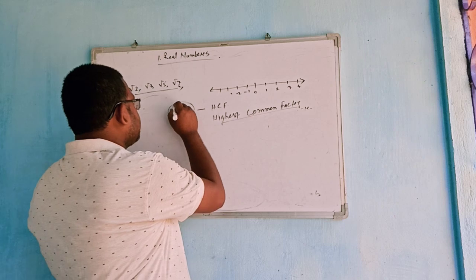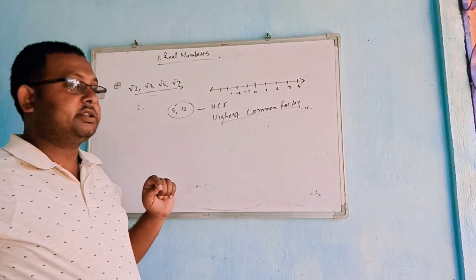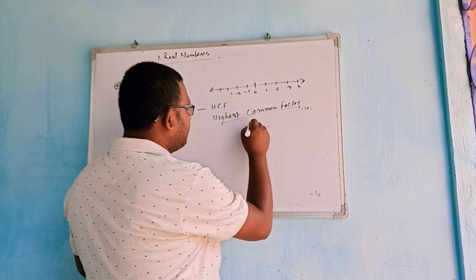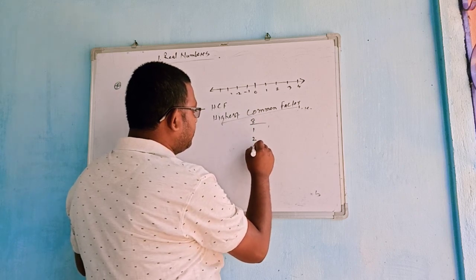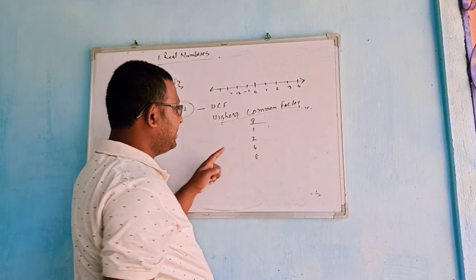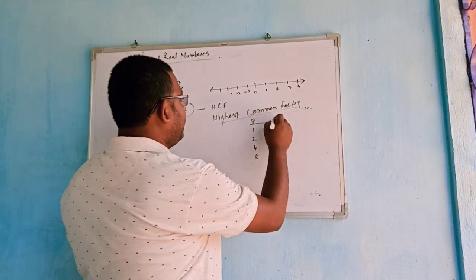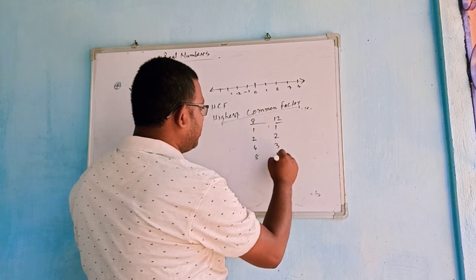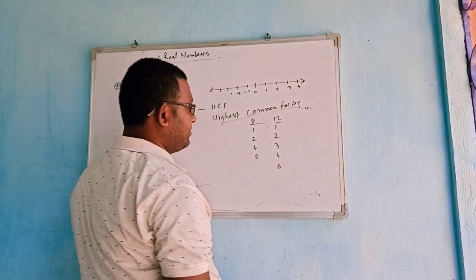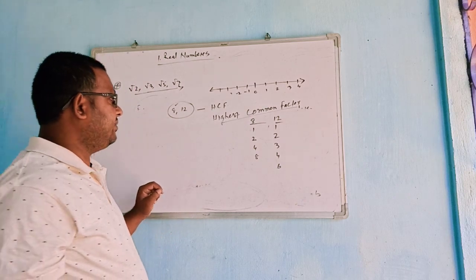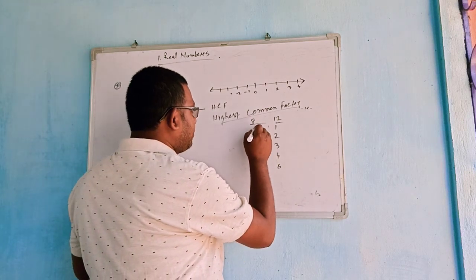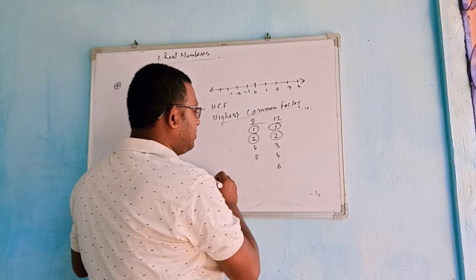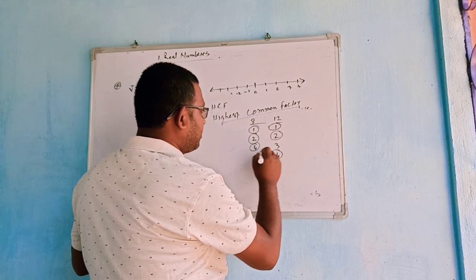Normally, what are the factors of 8? The factors of 8 are 1, 2, 4, 8. Again the factors of 12 are 1, 2, 3, 4, 6, 12. Now see, what are the common factors? 1 and 1 are common, 2 and 2 are common, 4 and 4 are common.